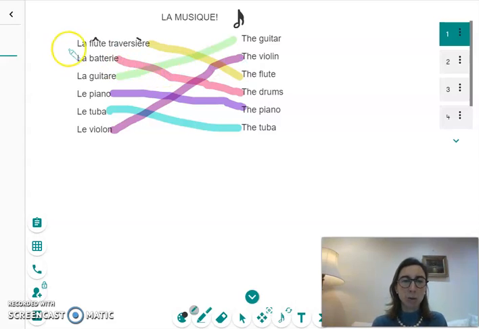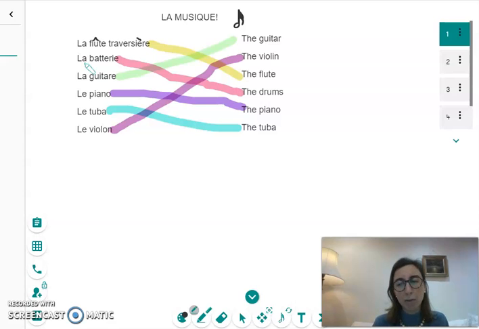And just before we go on any further, we're going to have a look at these words to the left, these French nouns. Now, a noun means a word for a particular thing. Okay, that's an easy way of remembering it. In French, we have two different types of nouns. We have masculine and we have feminine.